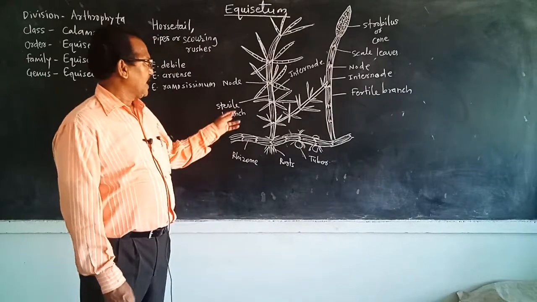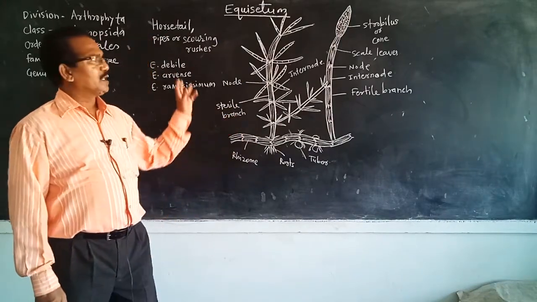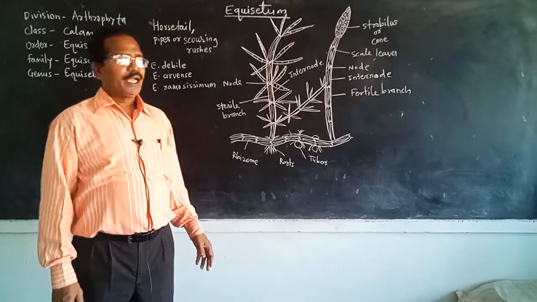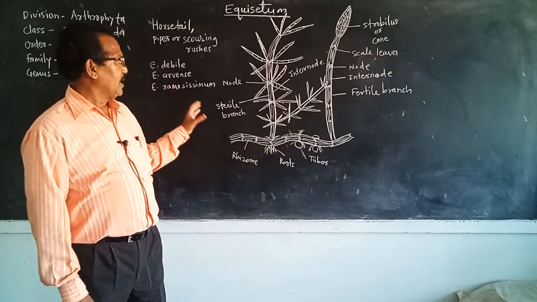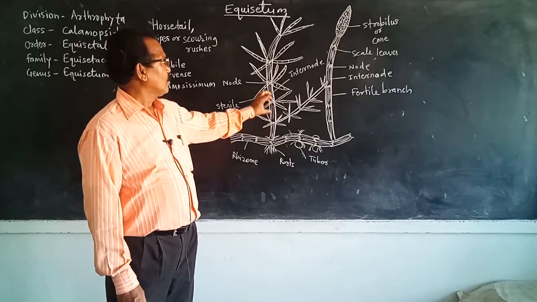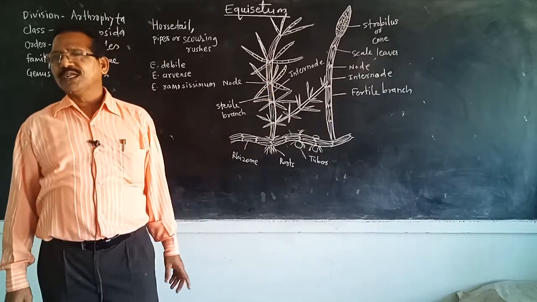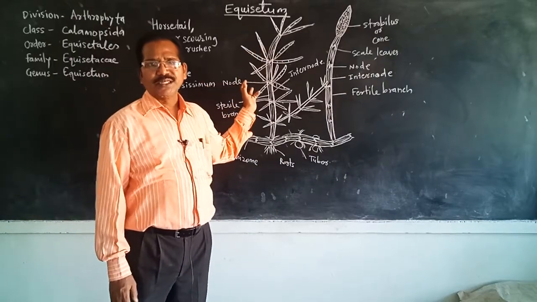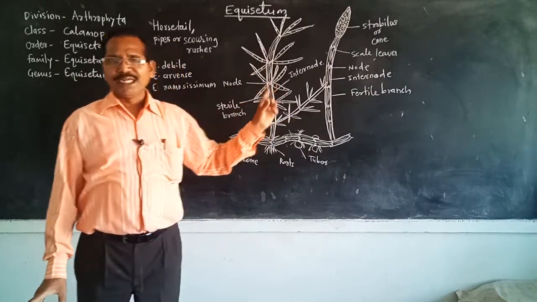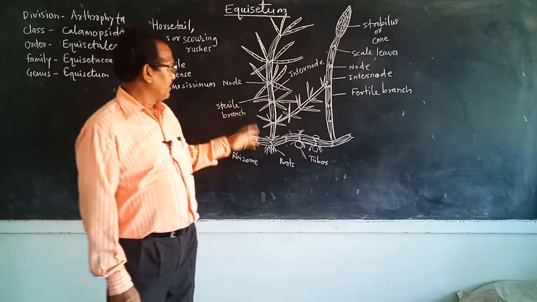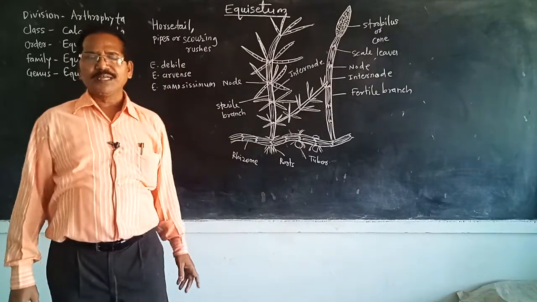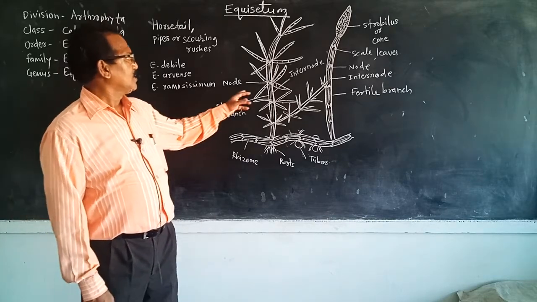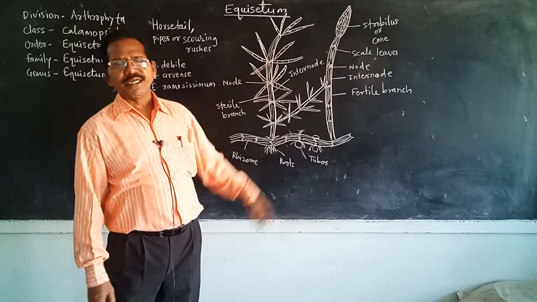Sterile branches do not bear the reproductive body, that is the strobilus or cone, and they also have nodes and internodes. From the nodal region in whorls arise lateral branches of limited length, while the main axis of the sterile branch is of unlimited growth, and it also has a number of nodes and internodes.